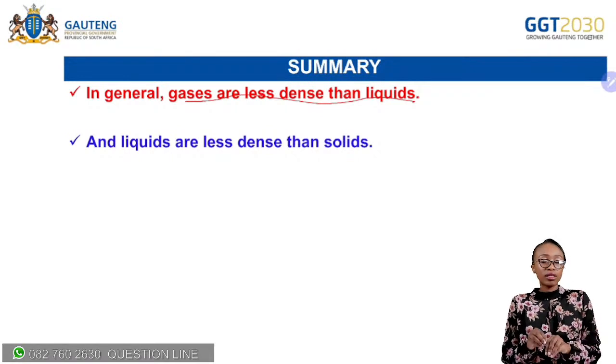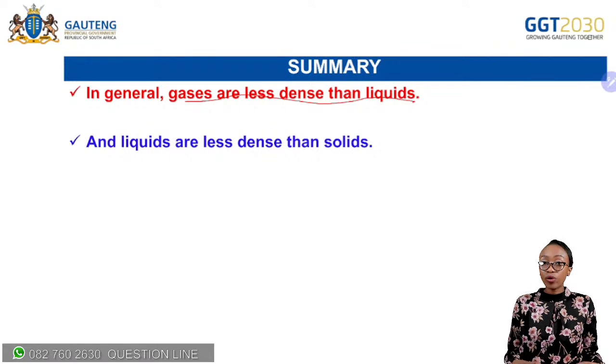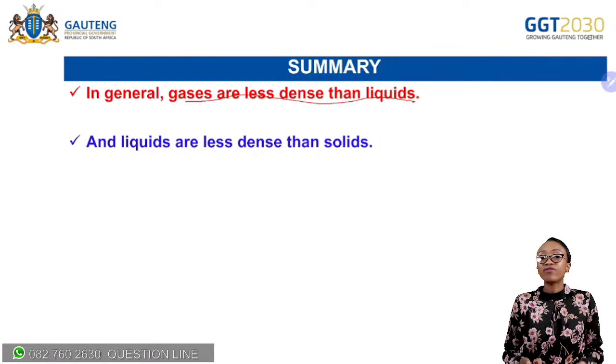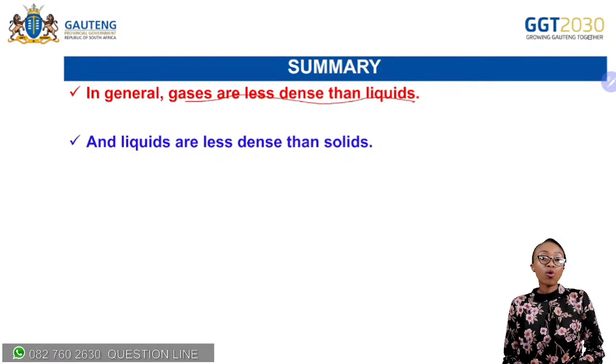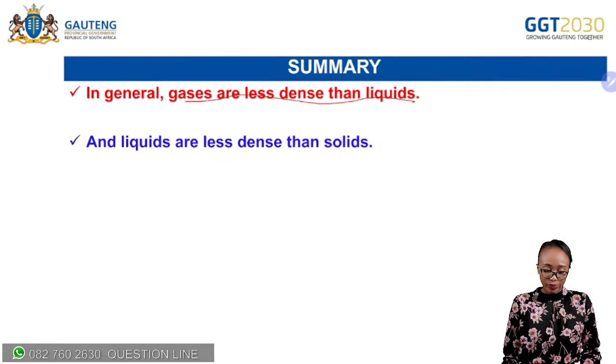Remember, the fewer the spaces between, the more particles there are. So in the same volume we'll have different masses: the mass of the solid will be greater than the mass of the liquid.